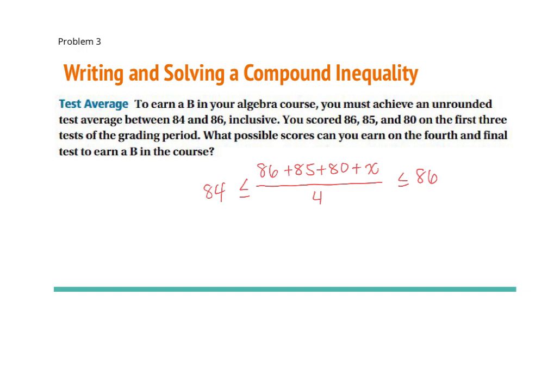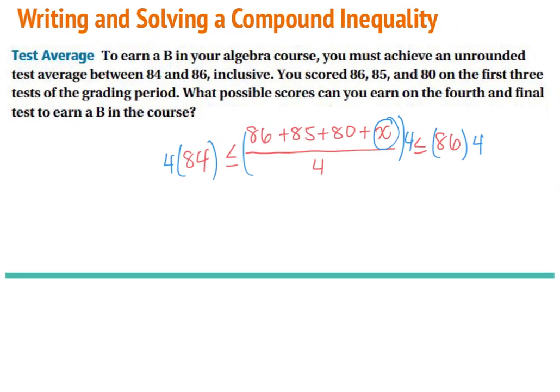Now, I noticed that x is in the middle, and we want to get rid of all of the numbers around it. But before we can do that, we have to get rid of this 4. So we're going to multiply all 3 sections by 4.